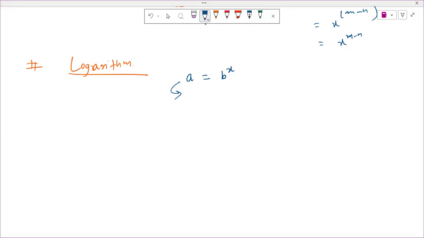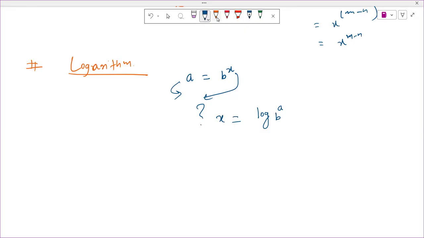If you have this kind of question about this power, what is that number? If we put it as the power of b that will be equal to a, the answer representing this question is x equal to log b a.